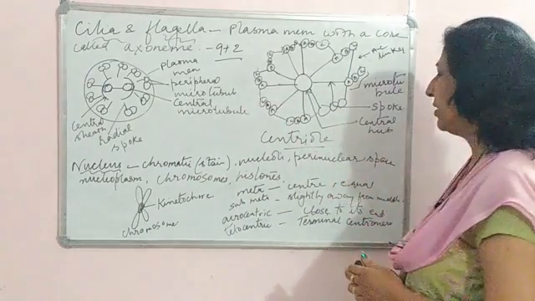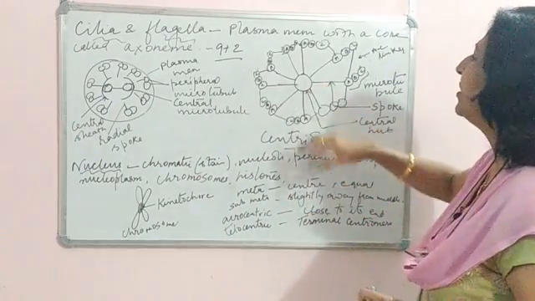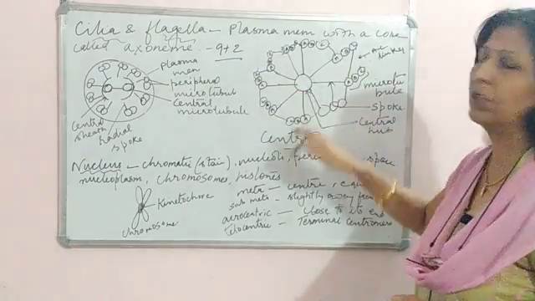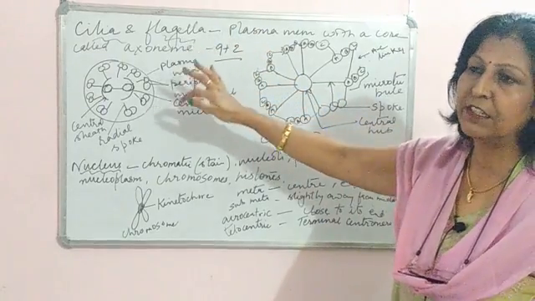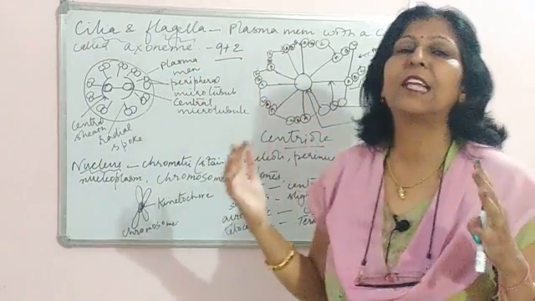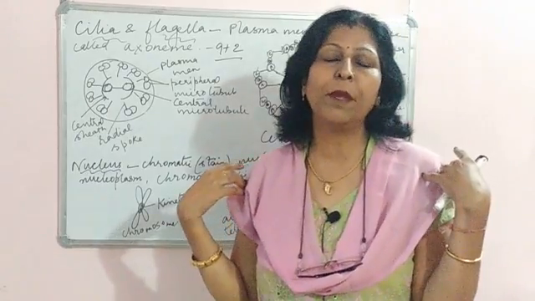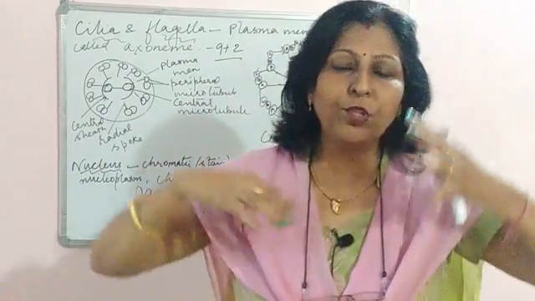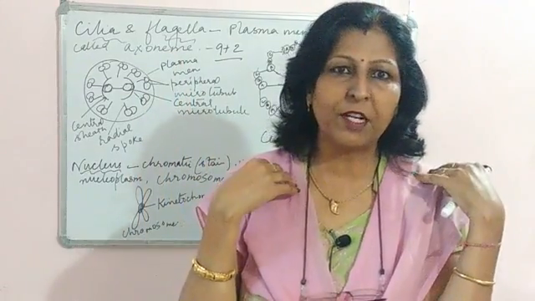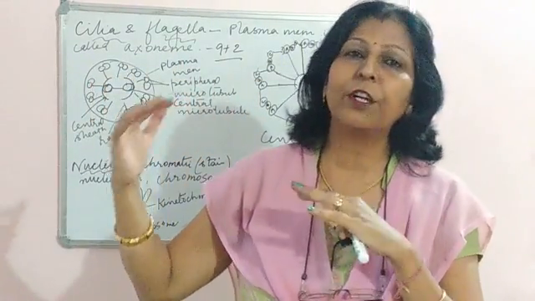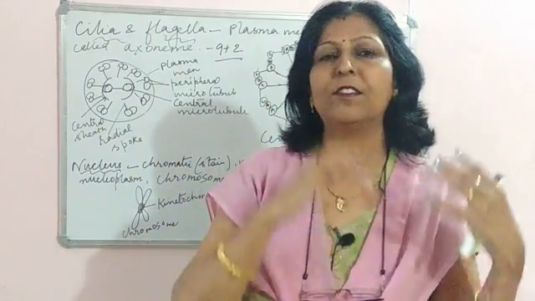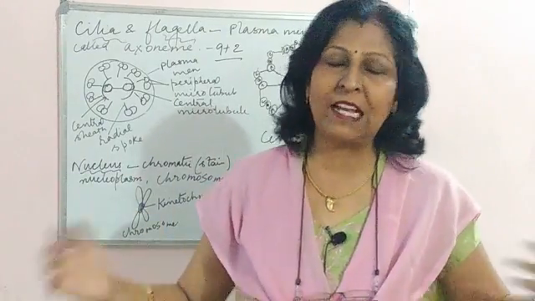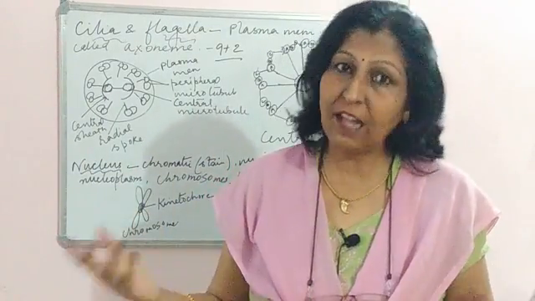Next, let us come to the centriole. Centrioles have triplets, which are also microtubules. As I said, we are doing the cytoskeleton. So what is a skeleton? When we talk about human beings, the bones are the framework. Each of us has a different body structure, but normally we are all made up of muscles, bones, 2 eyes, hands, legs, and other organs that are the same.